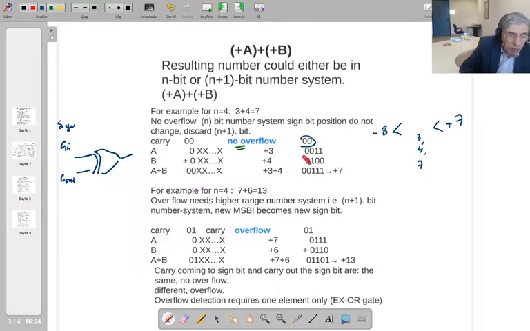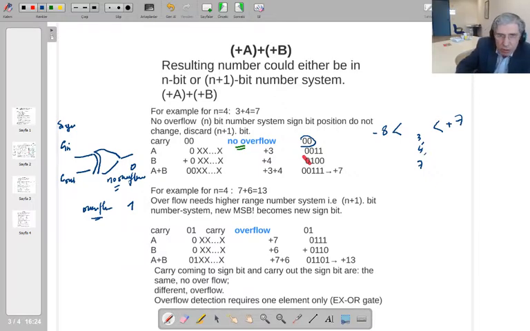If they are the same, the result is 0. If they are different, the result is 1. No overflow, and that's the overflow case. So I can detect overflow by using one XOR gate.